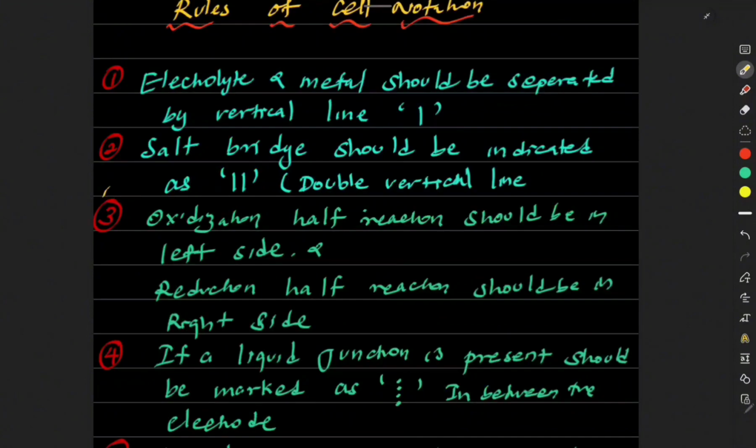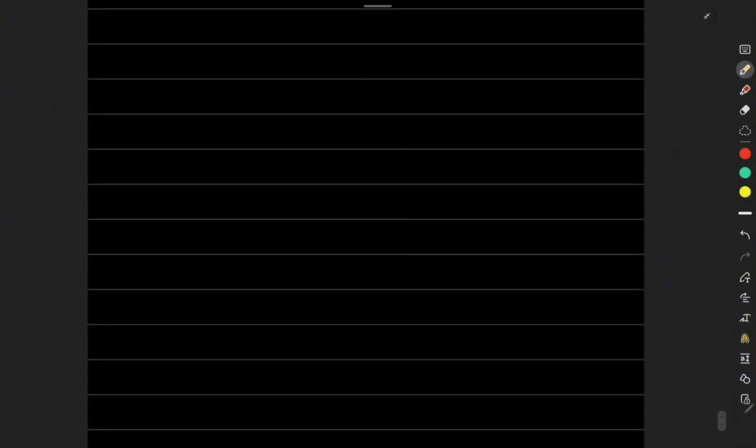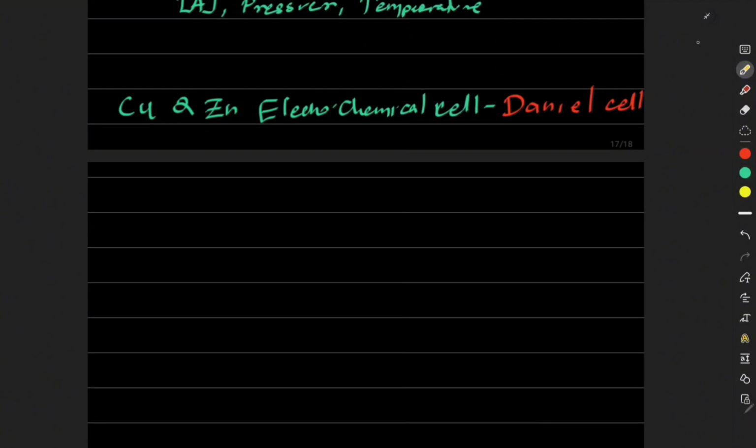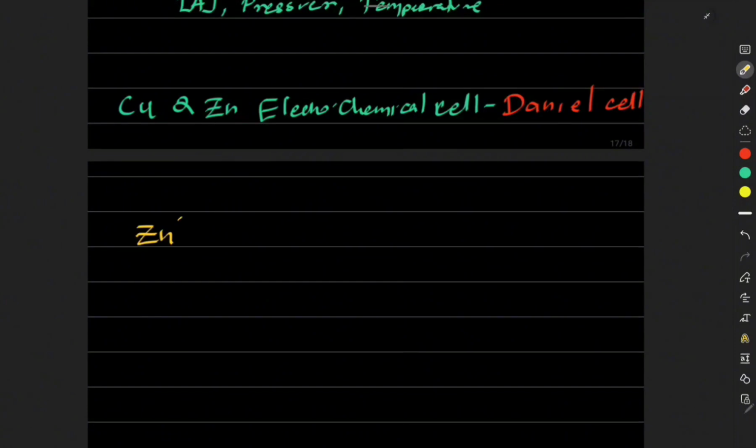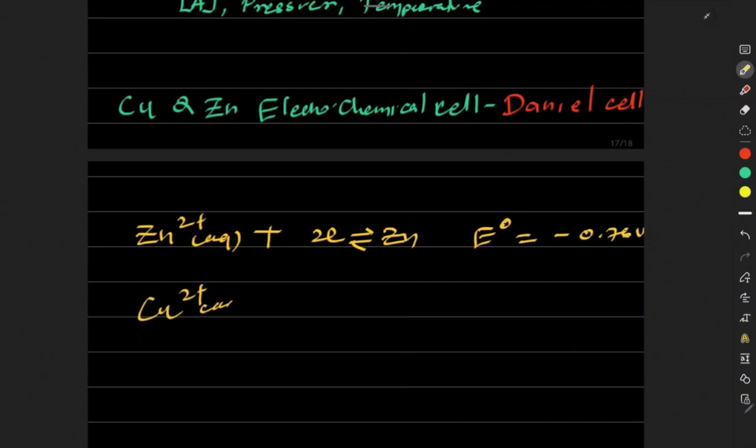If we consider this third point, I'll explain this using the Daniell cell. If we consider copper and zinc as electrodes, zinc 2 plus aqueous plus 2 electrons forms zinc, and the electrode potential is minus 0.76 volt, and copper 2 plus aqueous plus 2 electrons forms copper solid.